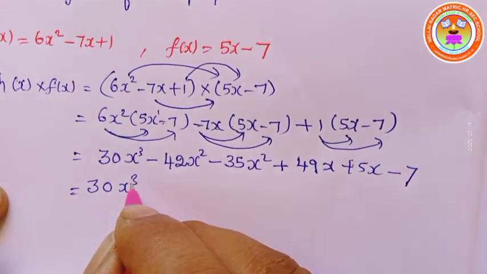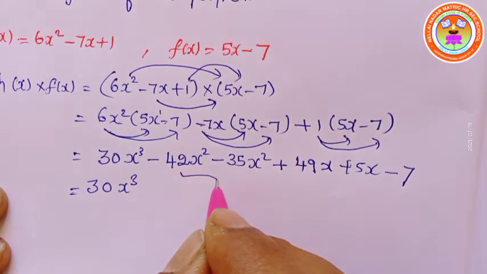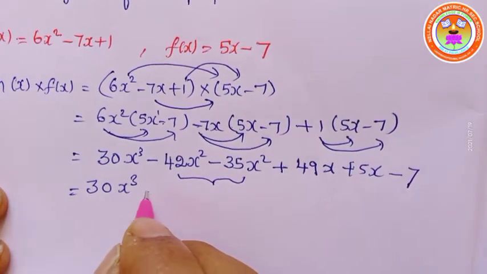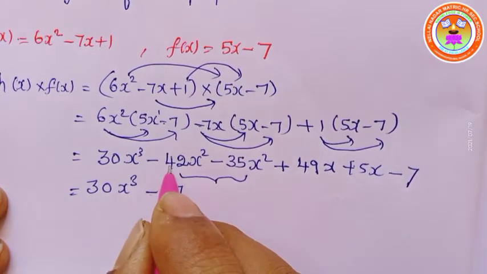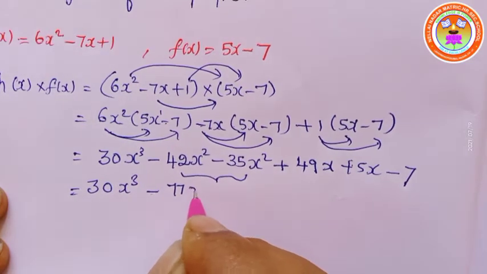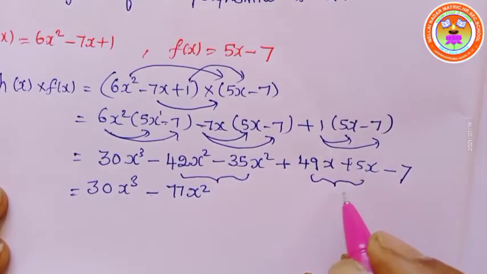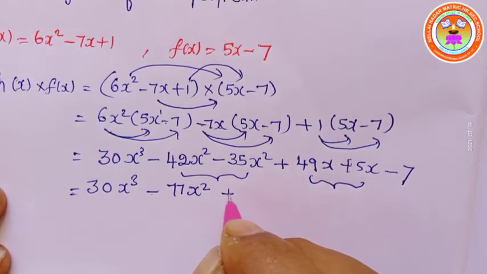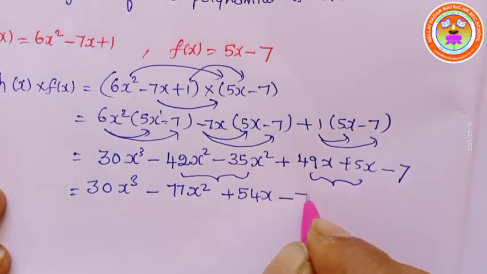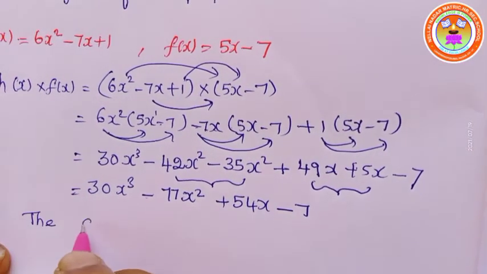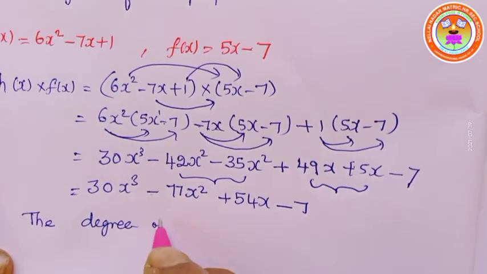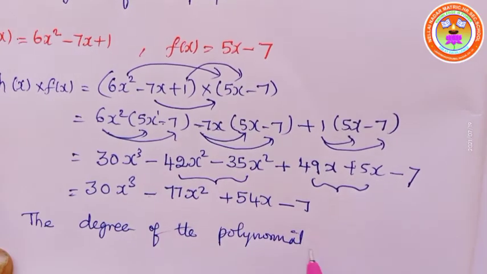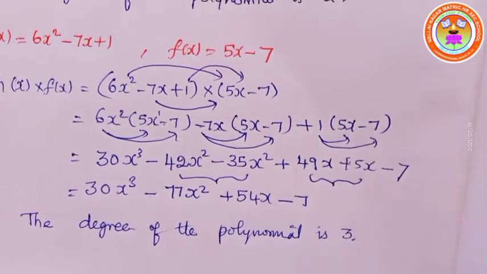Now 30x cube minus 42x squared and minus 35x squared are like terms, both having the same sign, so you put the minus symbol and add: 5 plus 2 is 7, 4 plus 3 is 7, so 77x squared. So 49x plus 5x are like terms, so you can add: 49x plus 5x is 54x, minus 7. So the degree of the polynomial is 3. It's clear, students?